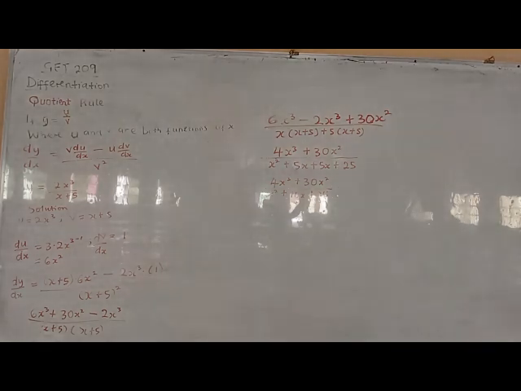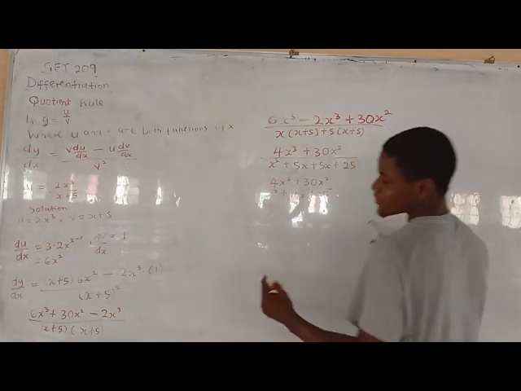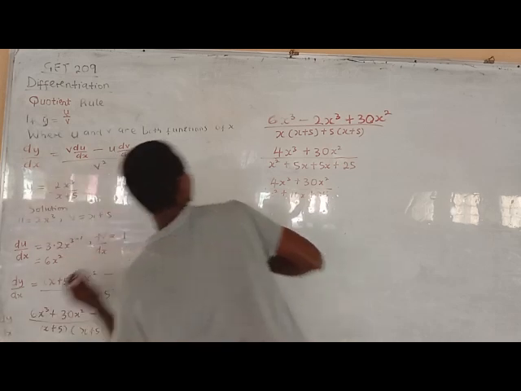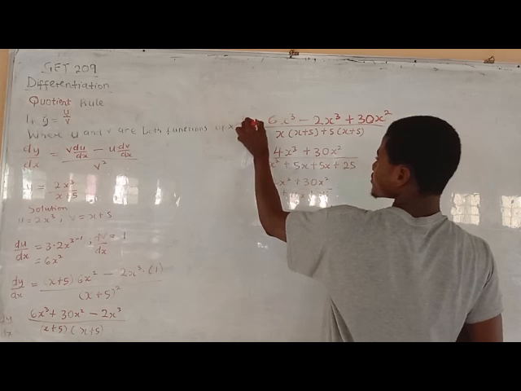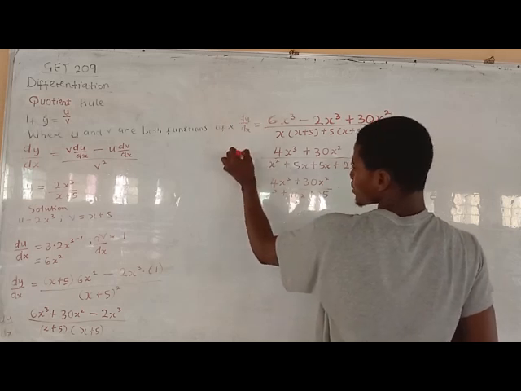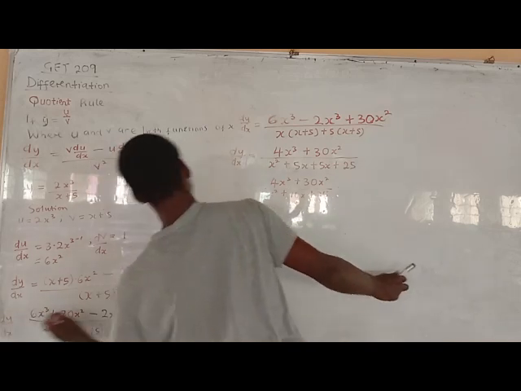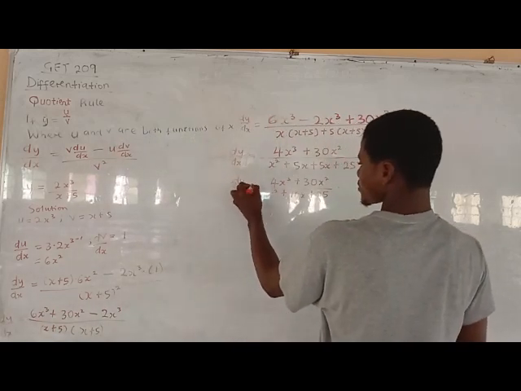It's funny that sometimes you finish solving and your answer is longer than your question. This is your answer. Sorry, I forgot to be adding dy over dx. dy over dx is the thing that is equal to this.